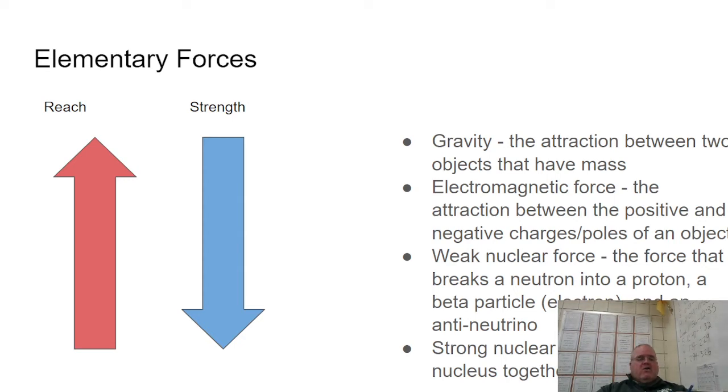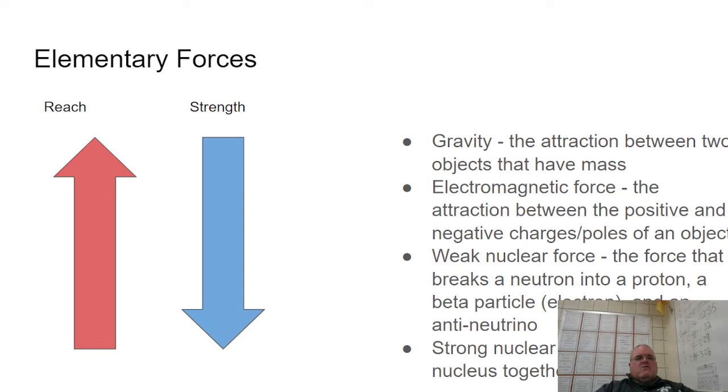And then the strong nuclear force has the shortest reach. It's very, very short. We're talking in the nanometer range, that's 10 to the negative 9th meters. That means you take this meter stick and its smallest units, the millimeter, and you divide that 1,000,000 times, and that's how far the nuclear force works.